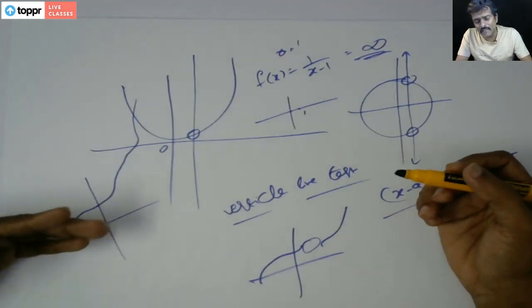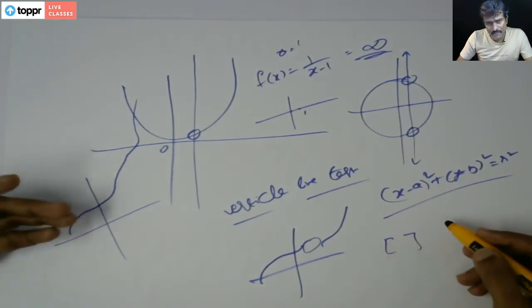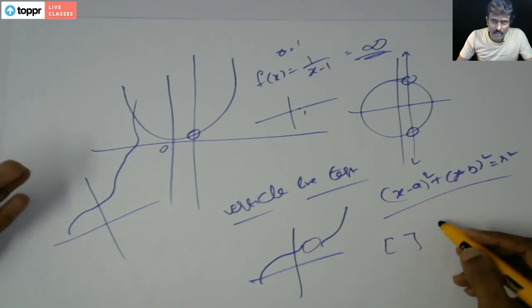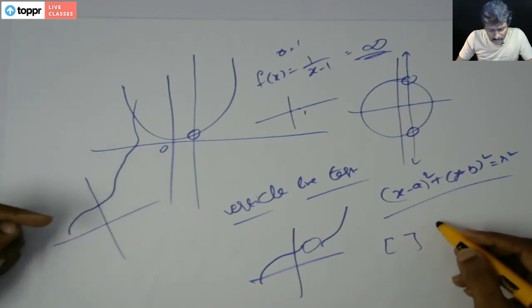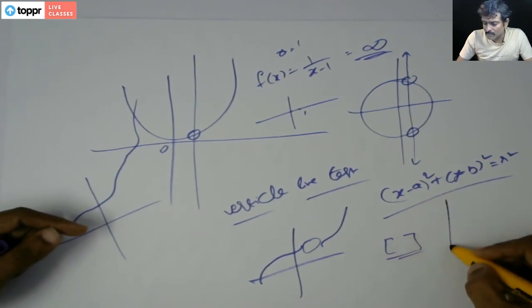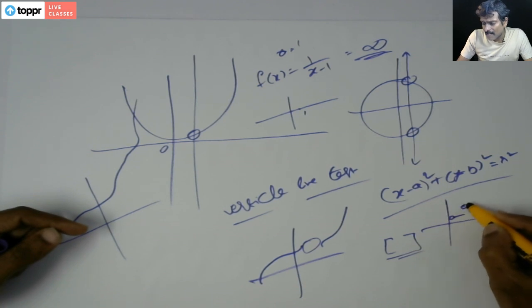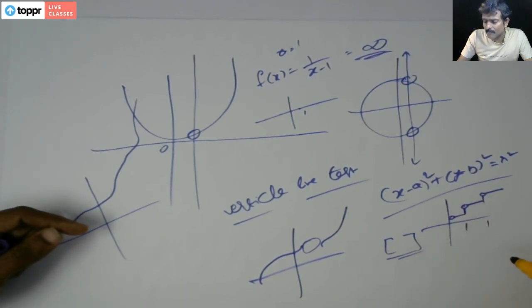Then you can talk about the integer functions, like the greatest integer function or smallest integer function. These types of functions are also discontinuous, because your graph will look like this; these are called step functions. At every integer there is a break, right?